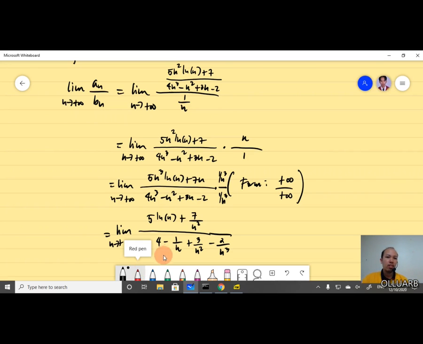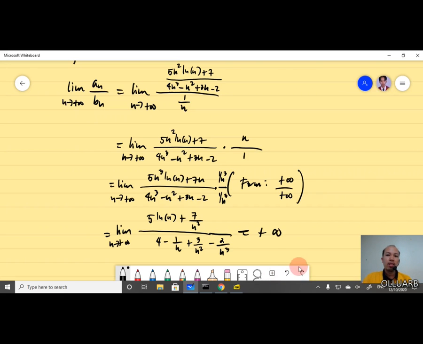Okay, as you can see, we have 0, 0, 0, but this one we have positive infinity. Positive infinity times a constant is positive infinity, plus 0 is positive infinity, over 0, 0, 0. So a bigger number divided by a smaller number is positive infinity. Okay, this is positive infinity.